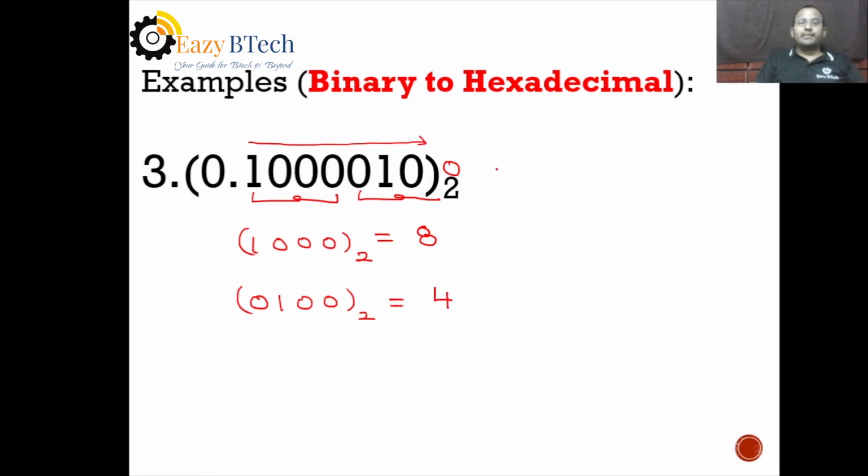So for the given binary number, the corresponding hexadecimal equivalent is 0.84. So for finding the hexadecimal equivalent, we have to scan the number from left to right. Whenever we have insufficient bits for the fractional part, we have to append zeros at the trailing end, or at the rightmost part.